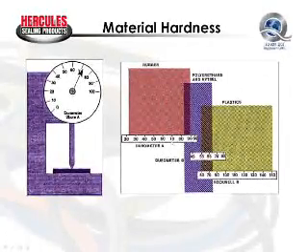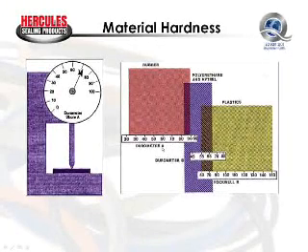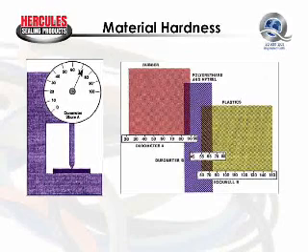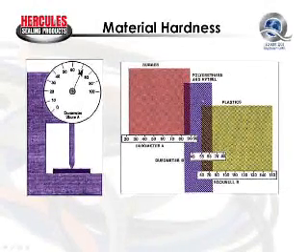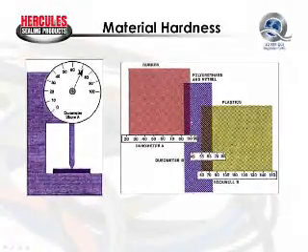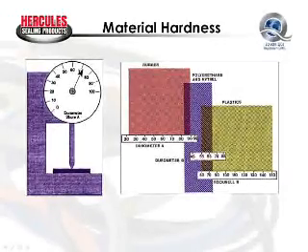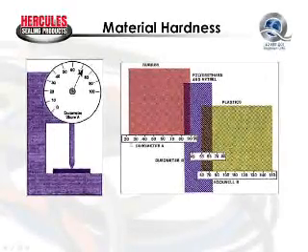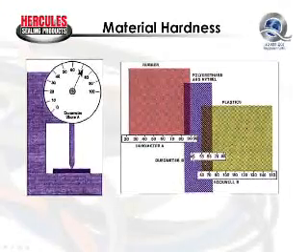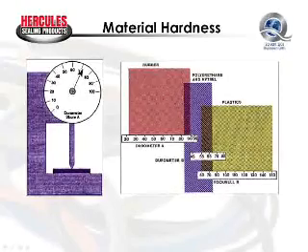A 70 durometer O-ring would be measured on the A scale, and normally would say 70 durometer shore A or 70 durometer A. Some urethanes and hydrauls might be measured on the D scale, and there is some overlap. You can see the relationship between the hardness of the D scale and the hardness of the A scale. A 45 on the D scale is going to be comparable to about a 92 on the A scale.